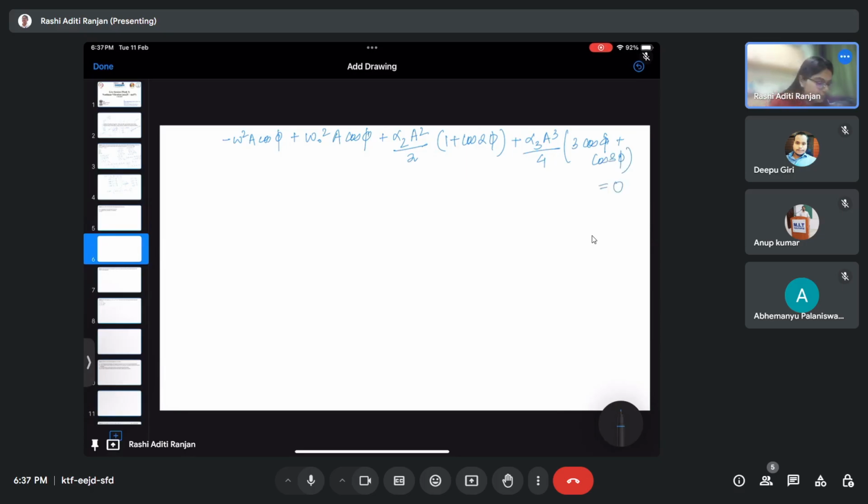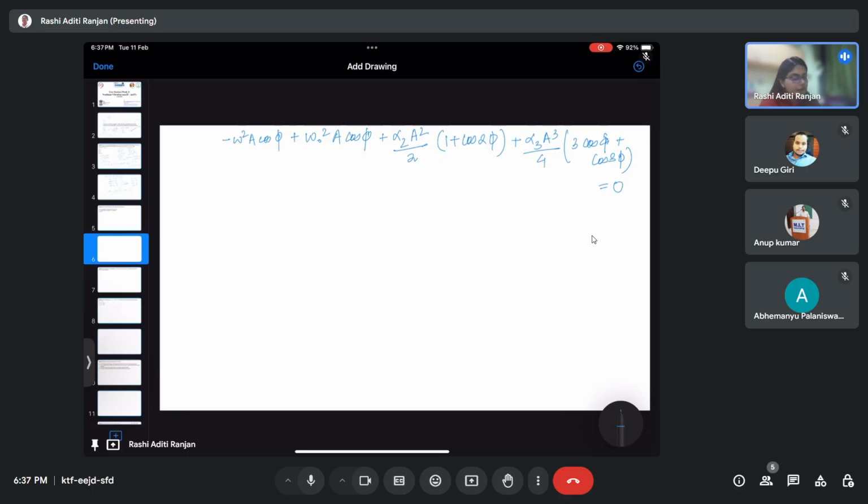Okay, now for now I will neglect the higher order terms, and I will try to equate the coefficients of cos phi.